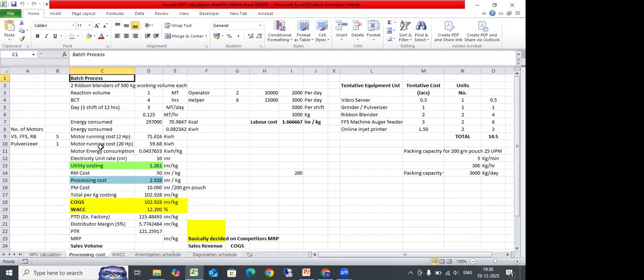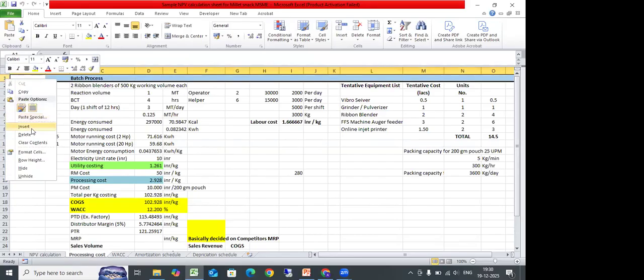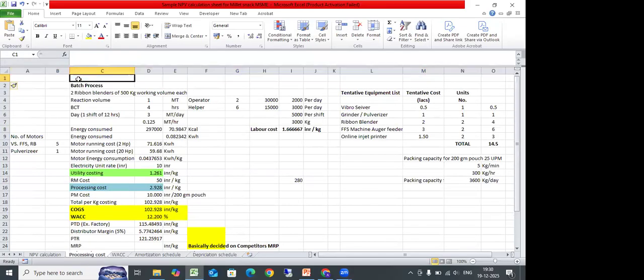So what are we manufacturing, what is our product? I have considered the equipment and equipment cost to the best of my knowledge and my experience. So our product is RTE millet snack.